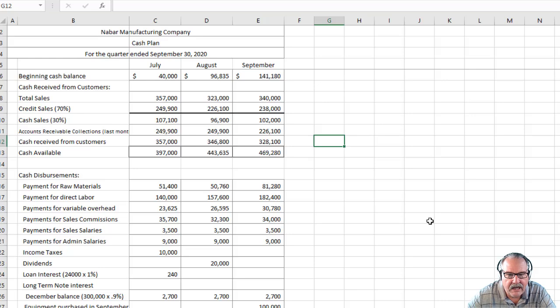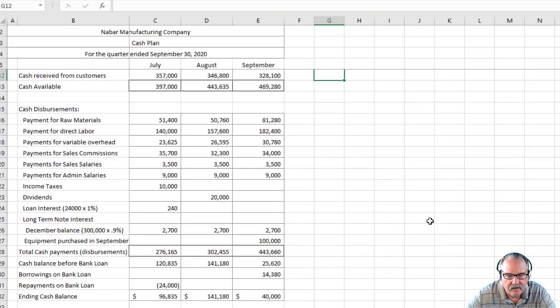And this month we have a special payment for buying some equipment. We bought some equipment in September. We had to pay $100,000 for it. And so that's being shown there in our disbursements. So our total disbursements are $443,000.